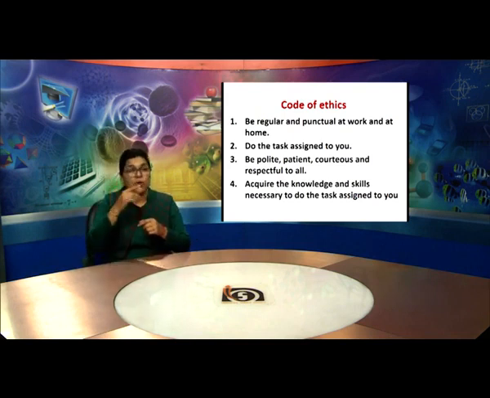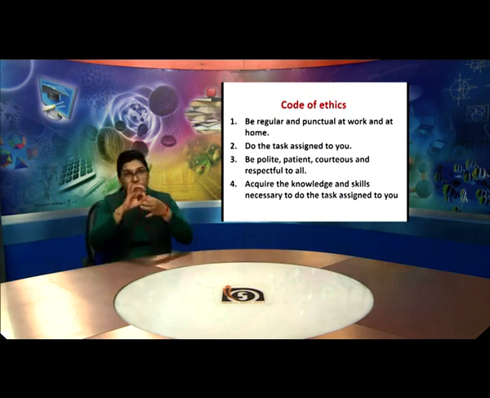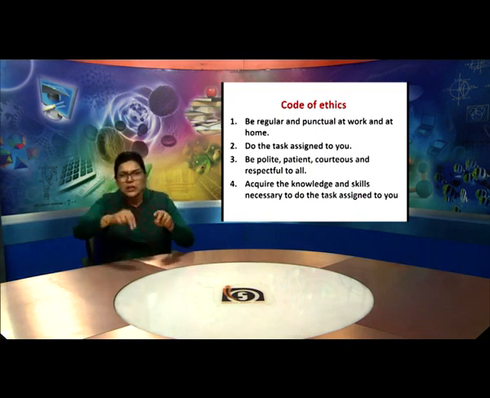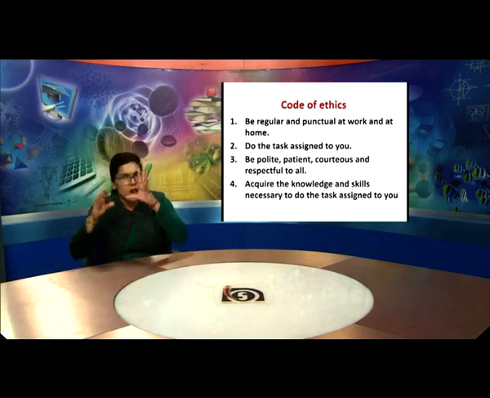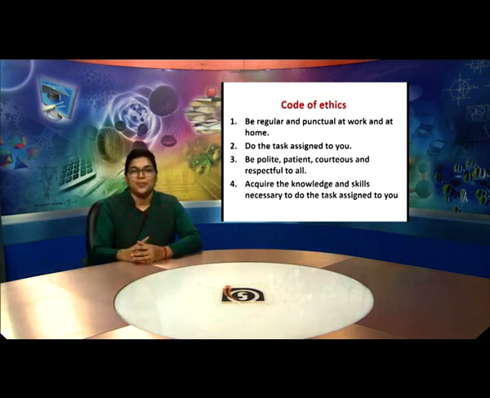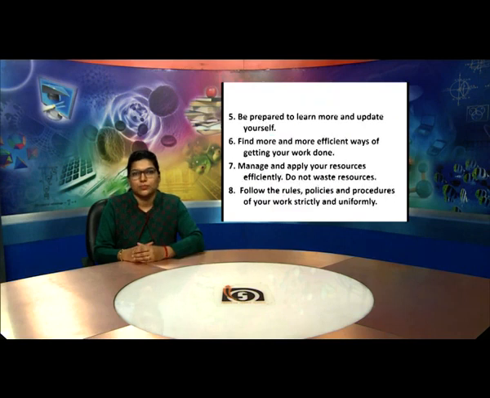By following all these rules, we can learn good ethics. The fourth point explains that we should acquire the knowledge and skills which are necessary to do the work assigned to us. These are all important codes of ethics.